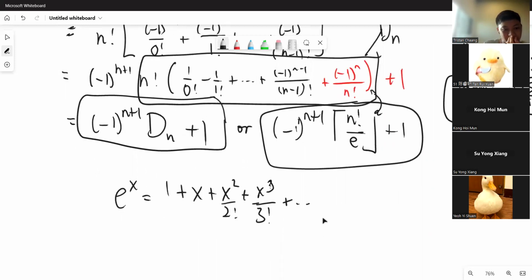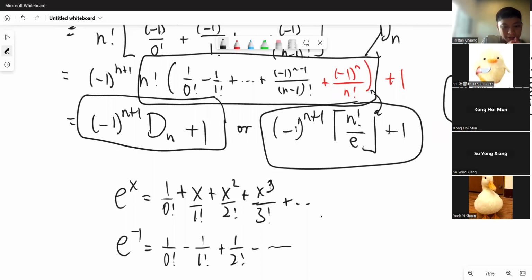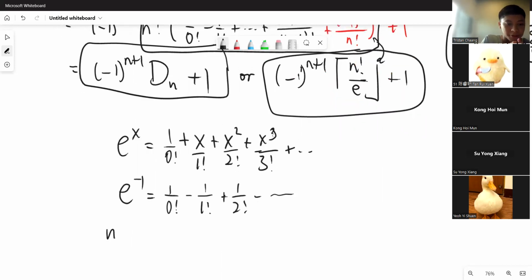So if you put in x equals minus 1, you can write this more nicely as 1 over 0 factorial minus 1 over 1 factorial plus blah. Okay, and then you multiply by n factorial.